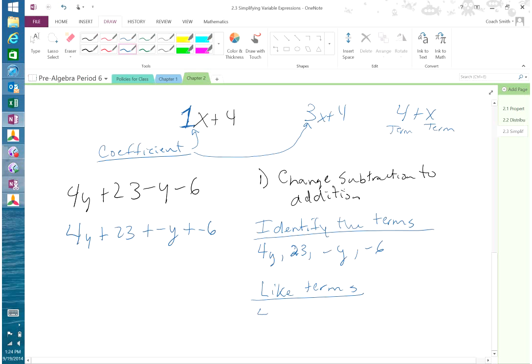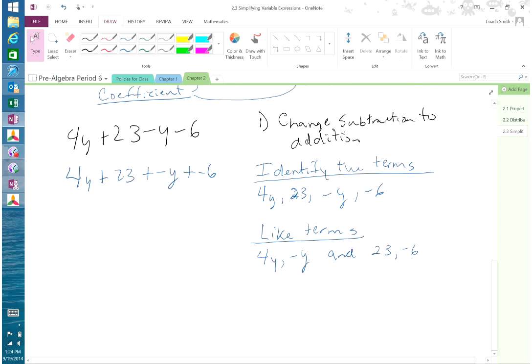So your like terms are 4y and negative y, and can I put 23 and negative 6 together? I can do that, right? So the other one is 23 and negative 6. Those are your like terms. Constants are always alike with constants. Now let's look at the coefficients.